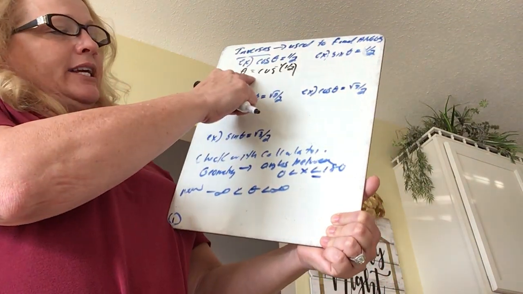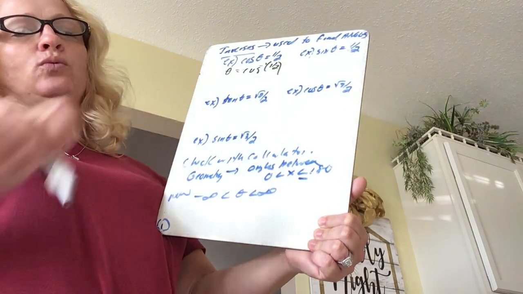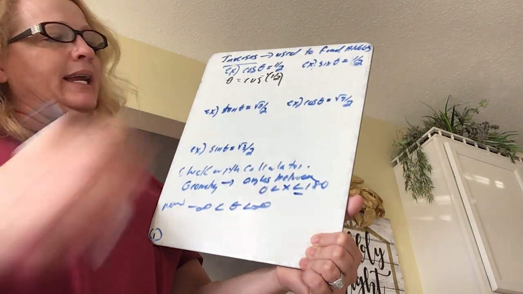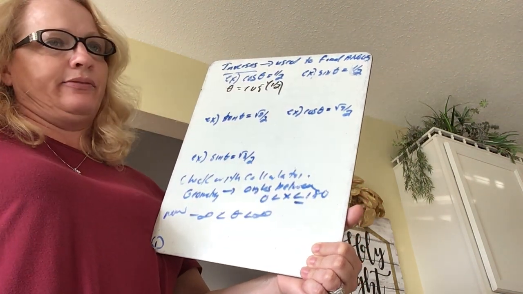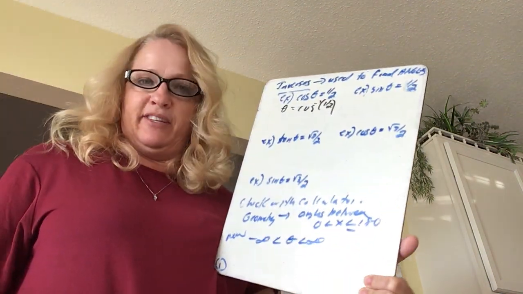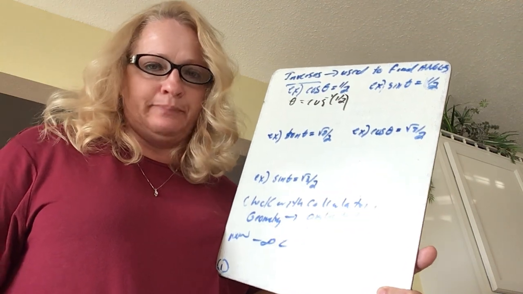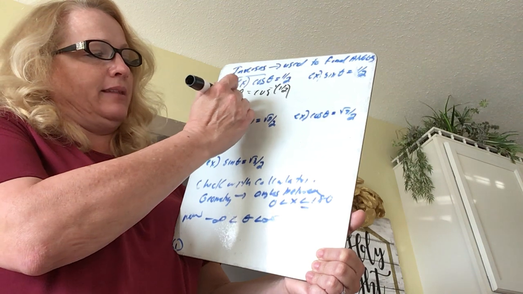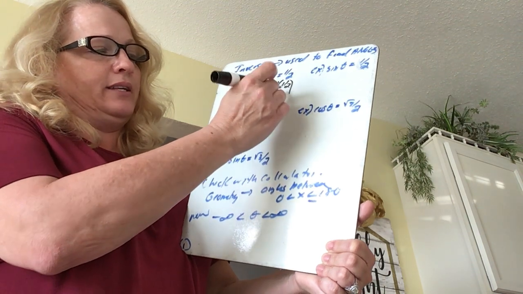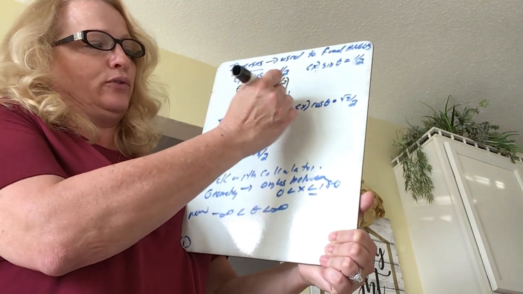What I'm asking here is, cosine of what angle is 1/2? This is why I've really emphasized knowing the ratios. If you were doing this in geometry, you would tell me that theta is 60 degrees, or now you know that it is pi over 3.